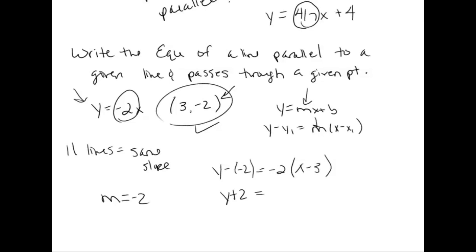Now I want you to clean up this form and always put it in y-intercept form. It's just really good practice. Minus negative 2 would be plus 4. And life is good when things are in y-intercept form. So I want you to put this in point-slope form and then solve it for y.